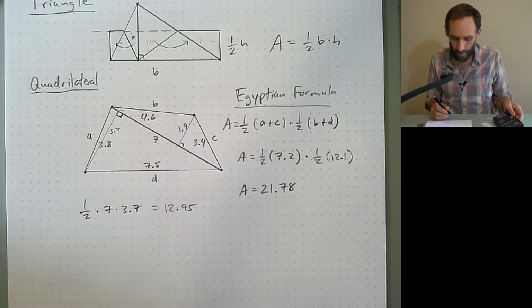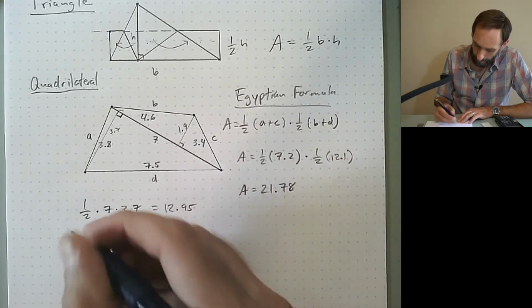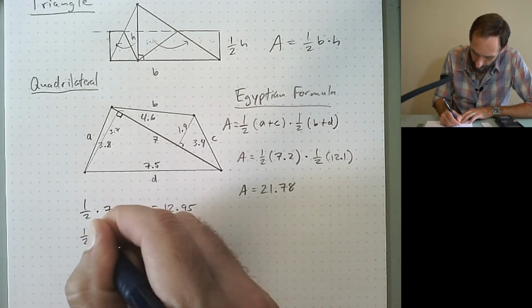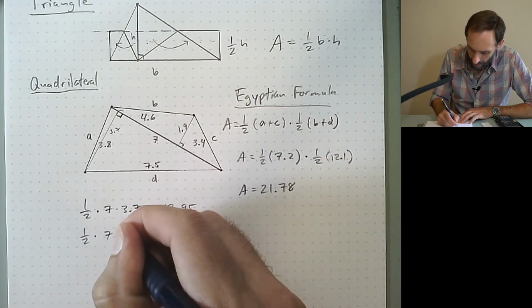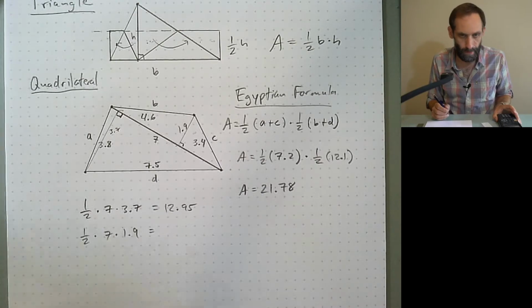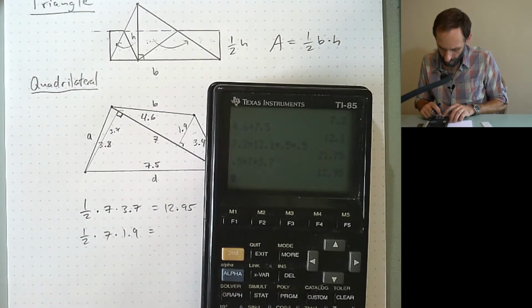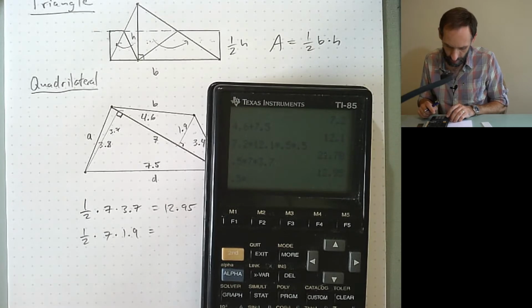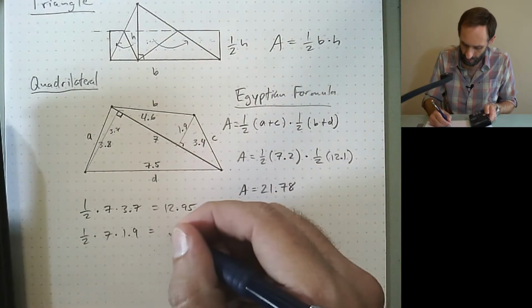All right, now let's find the area of this triangle up here, and that's going to be 1/2 times 7, again is the base, times 1.9. All right, let's see what happens. 0.5 times 7 times 1.9, 6.65.